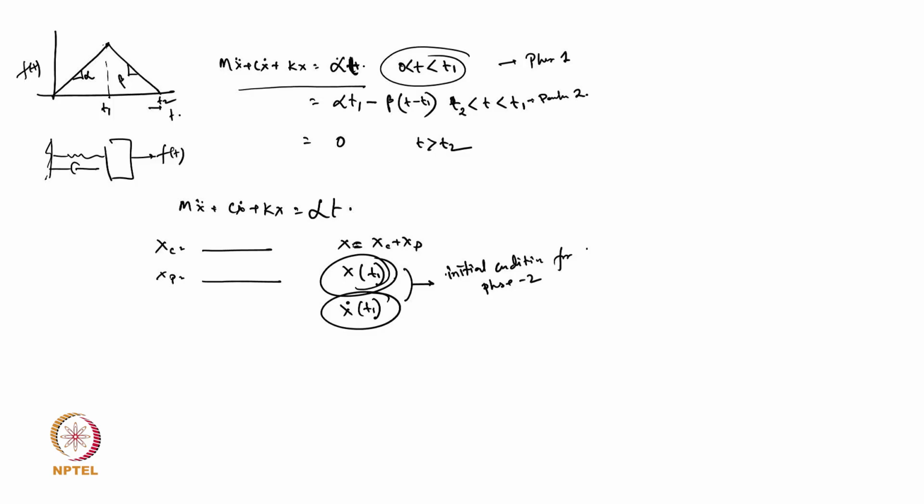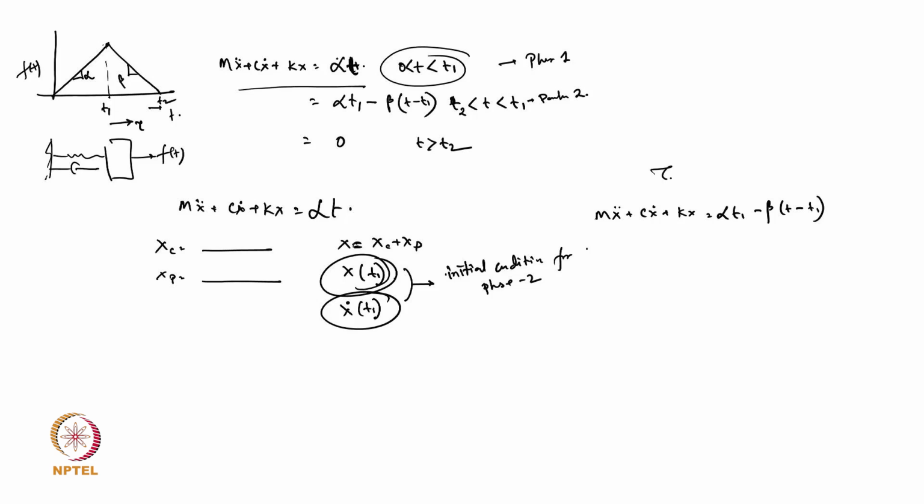For phase 2, what will happen? We will have mx double dot plus cx dot plus kx equal to alpha t1 minus beta (t minus t1). Here, one important thing is that we can introduce another parameter, tau.